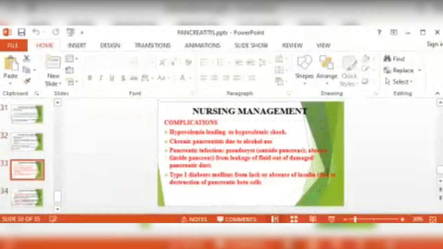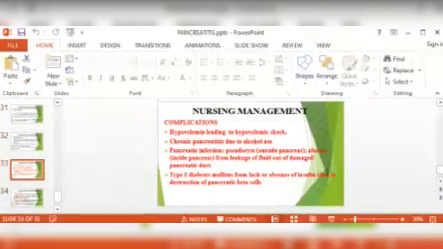Now let's look at the complications of pancreatitis. We have hypovolemia. Sometimes acute pancreatitis can lead to chronic pancreatitis due to alcohol use.